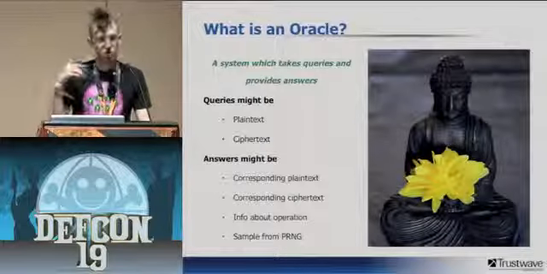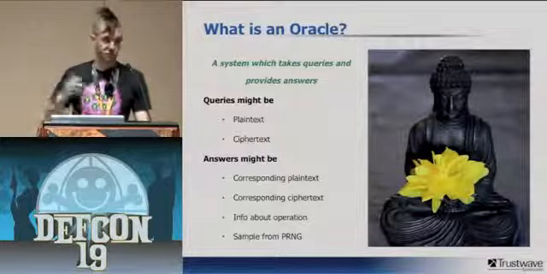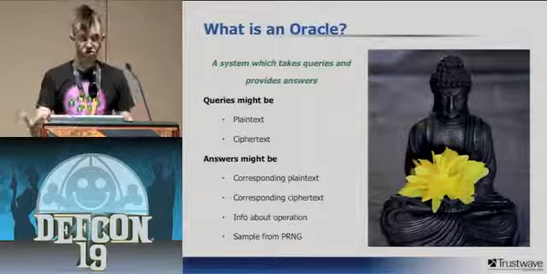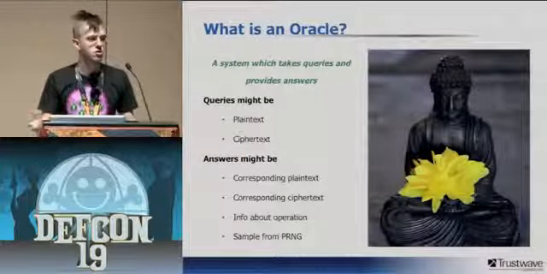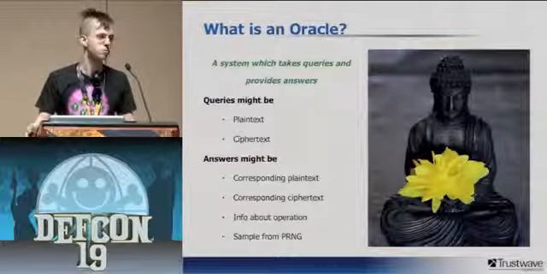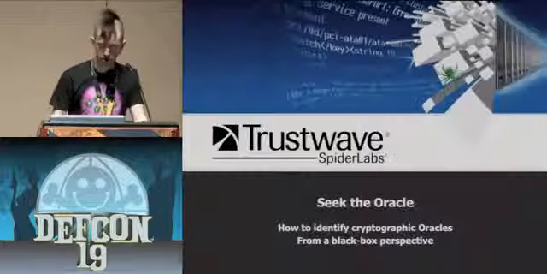Whether that's the corresponding plain text to an input ciphertext, the ciphertext to an input plain text, info about the operation such as success or failure, or maybe just a sample from a pseudo-random number generator or random number generator, which is referred to as a random oracle. We're not really talking about that, but I thought I'd mention it.